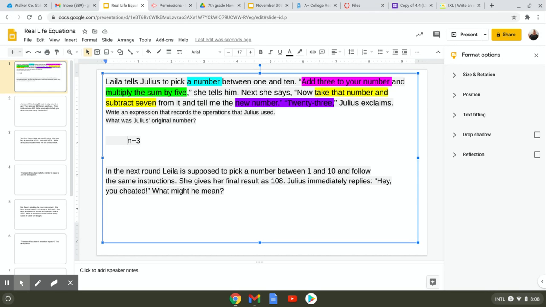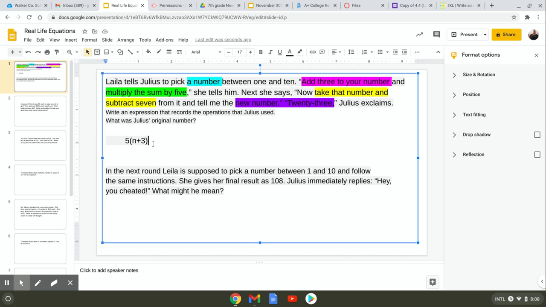And then it says to multiply the sum. So the sum of n plus 3. If we wanted to add that together first, we need to put parentheses around it because we want to multiply the sum of n plus 3 times 5. Let me erase that. So this says to multiply 5 times the sum of n plus 3.